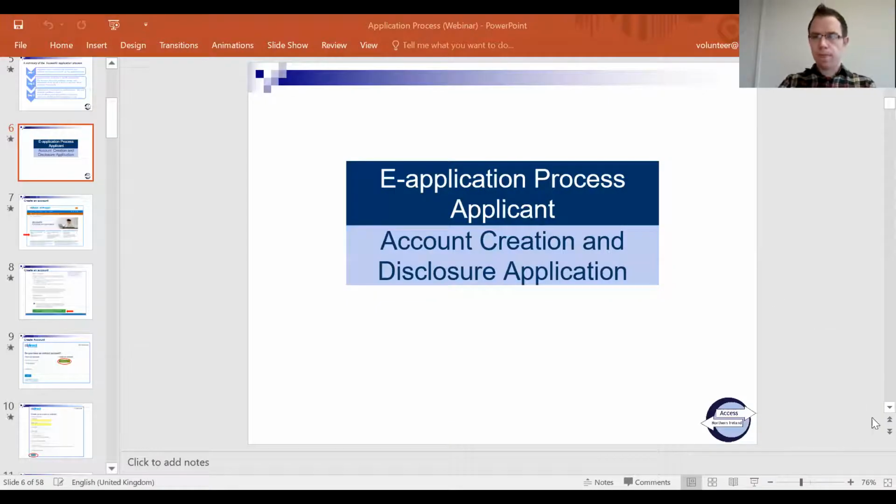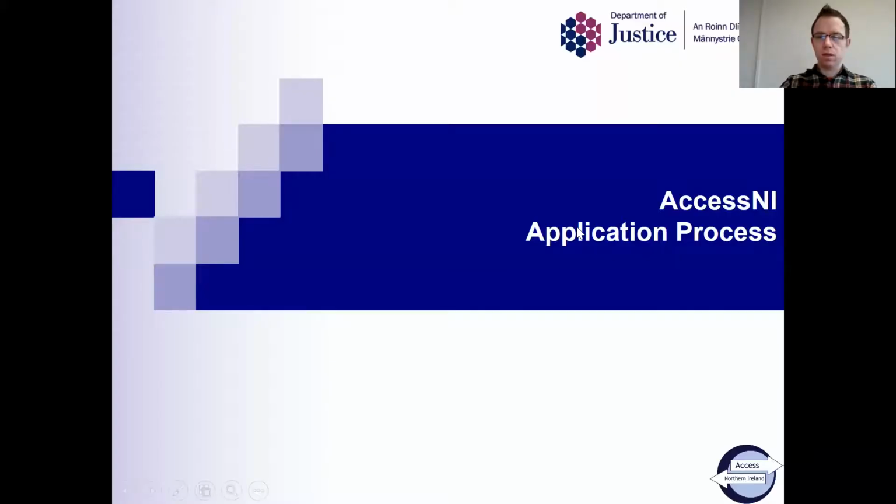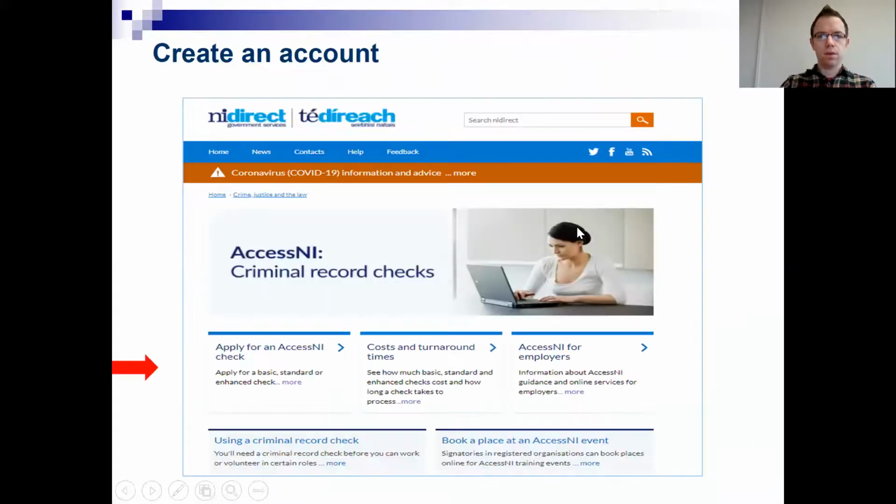So when you're making an Access NI check, you need to go online to the Access NI website. You can do this by typing into Google "Access NI check", and it'll take you through their website.